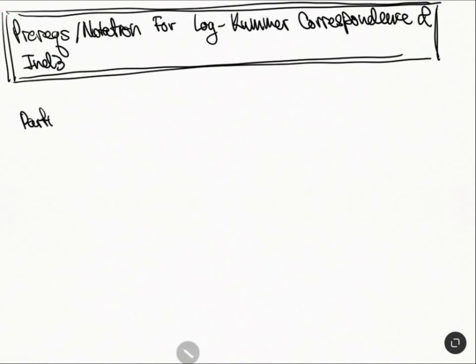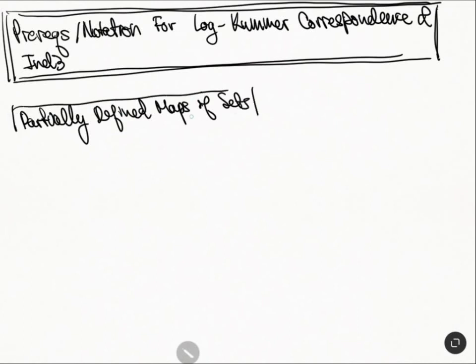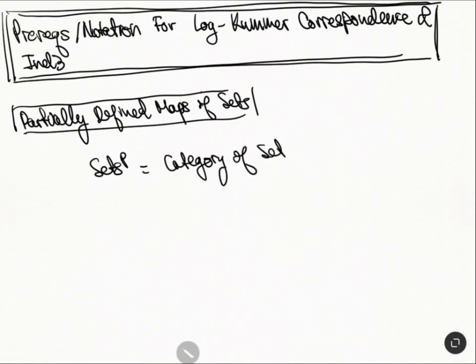Let's do partially defined maps of sets. So we're going to define a category. This is the category of sets with partially defined maps.